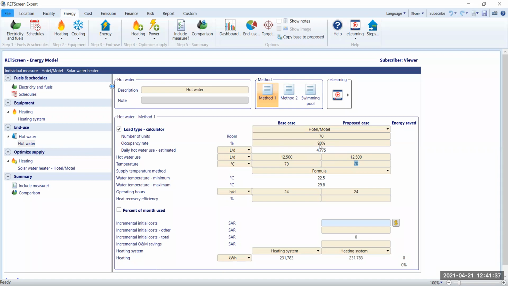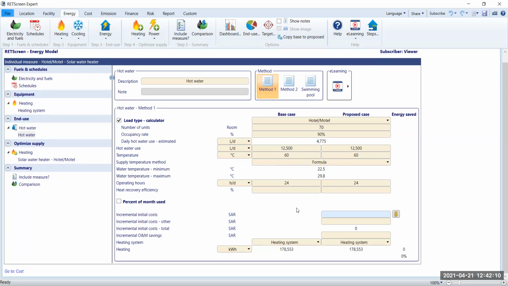That's why in the morning I mentioned that this information might or might not be needed based on what you have in the problem. In our case, this value is specified already, 12,500 liters per day, so we don't have to worry about that a lot. It has picked up the values for Dhahran, which are the minimum water temperature and maximum water temperature. And then the operating hours are assumed to be 24 hours per day.